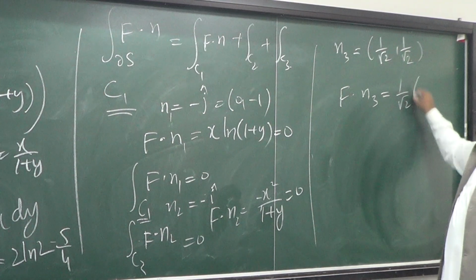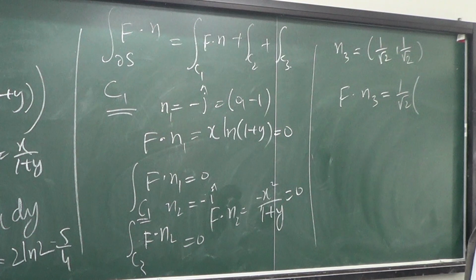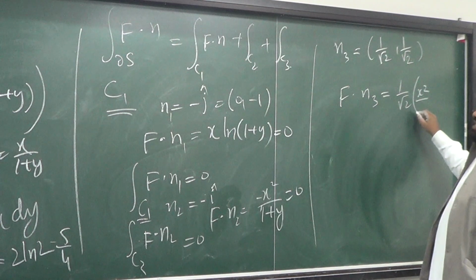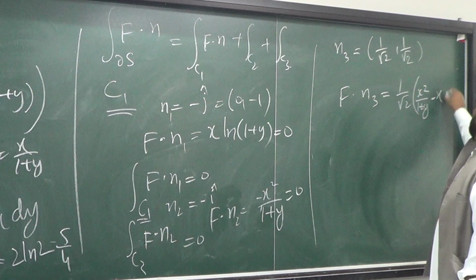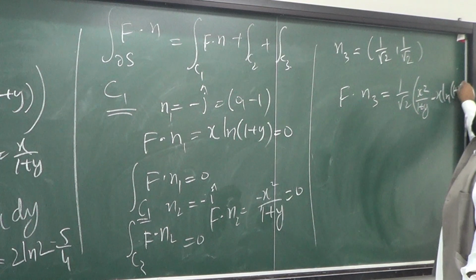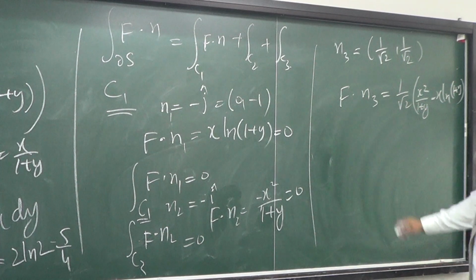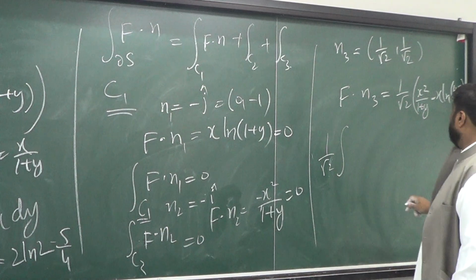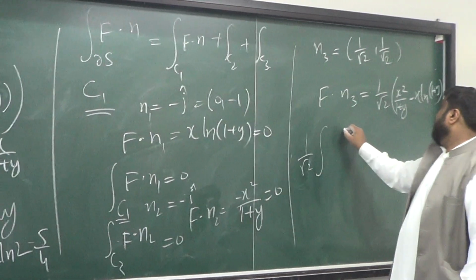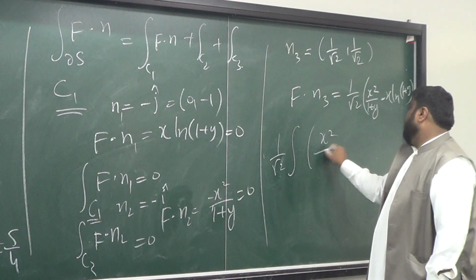So 1 over square root of 2. बाकी x squared upon 1 plus y, square root minus, ये जो भी है सब मतलब plus कर देंगे. ये जो F के components है, तो फिर ये x squared upon 1 plus y, plus y over 1 plus y minus x log of 1 plus y. ठीक है? And you need to integrate it. 1 over square root of 2. ठीक है?